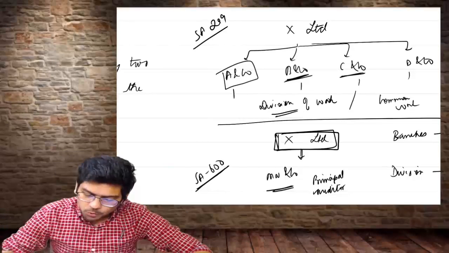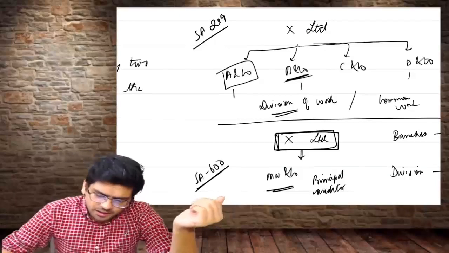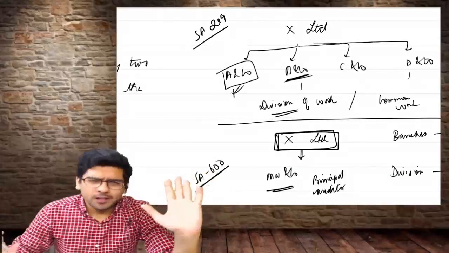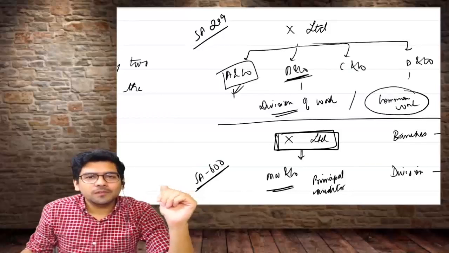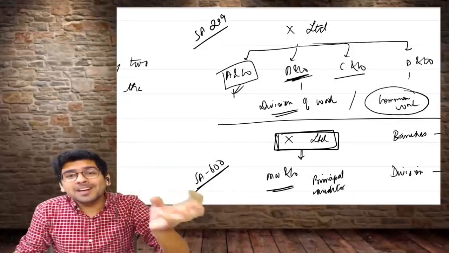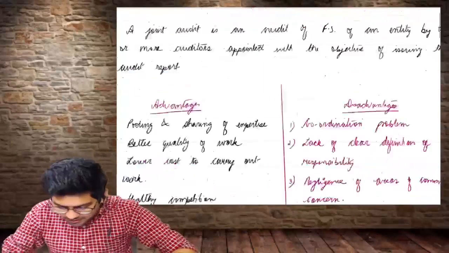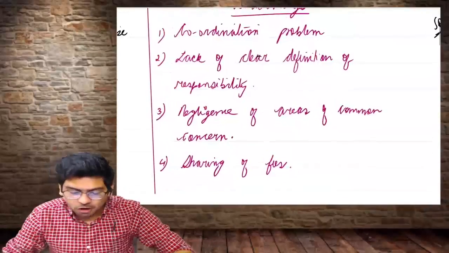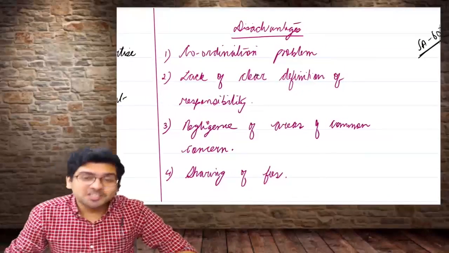But what I'm trying to tell you here is, when the work is properly divided, each firm will do their work in a very professional manner. But when it comes to a common area, they know B is also responsible for the same, C is also responsible. So they might show some negligence there. All right, so the point here is, this is also a disadvantage, negligence of areas of common concern. And the most important disadvantage is basically sharing of fees.